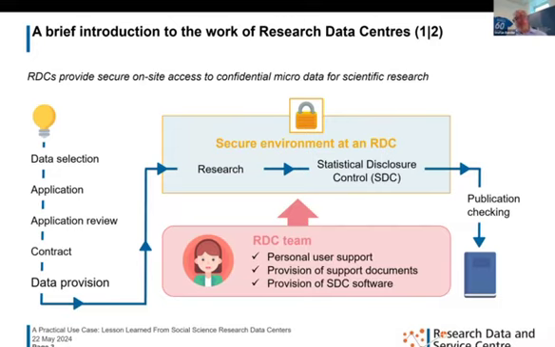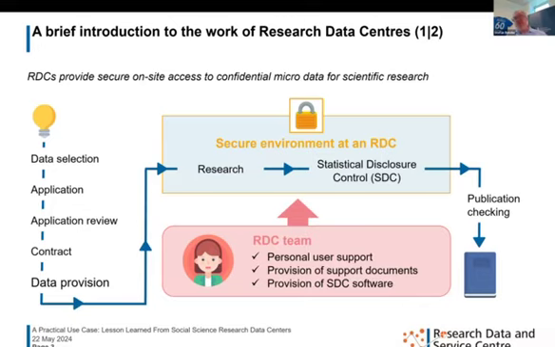Then, after everything is done, there's a contract. In the contract, it is, for example, also included how the researchers should cite the data set. There's also the digital object identifier in the data set, but not everyone is doing that. Then the data provision is done, and you move into the secure environment at an RDC, where you do your research and analyze the data.